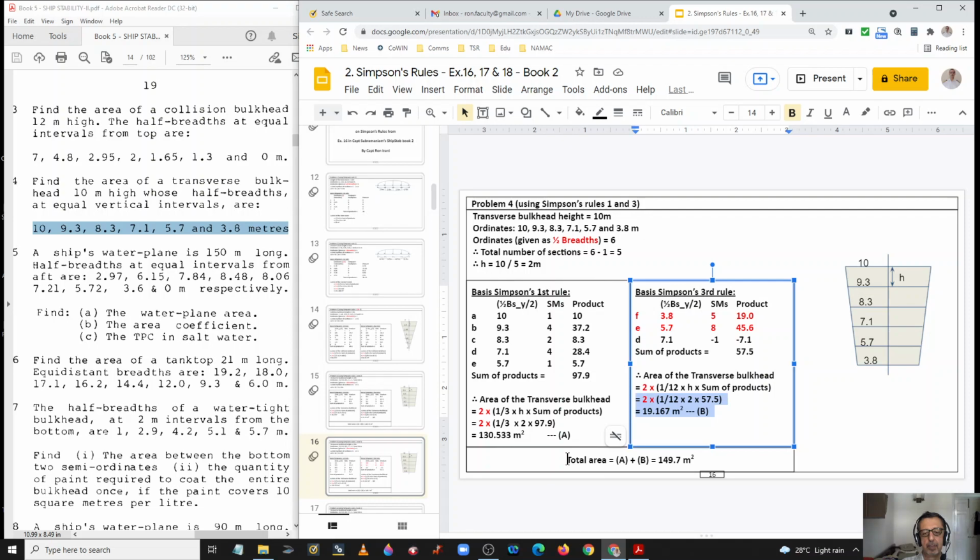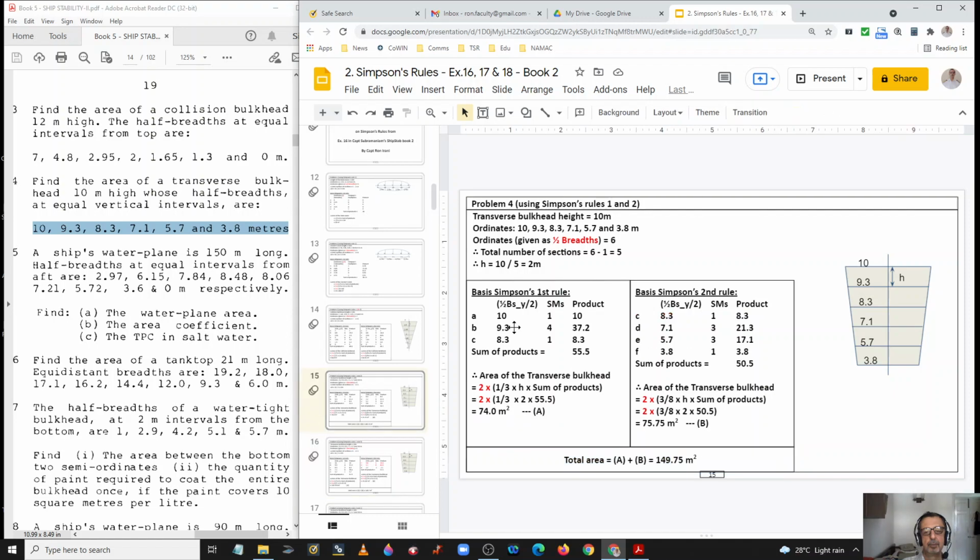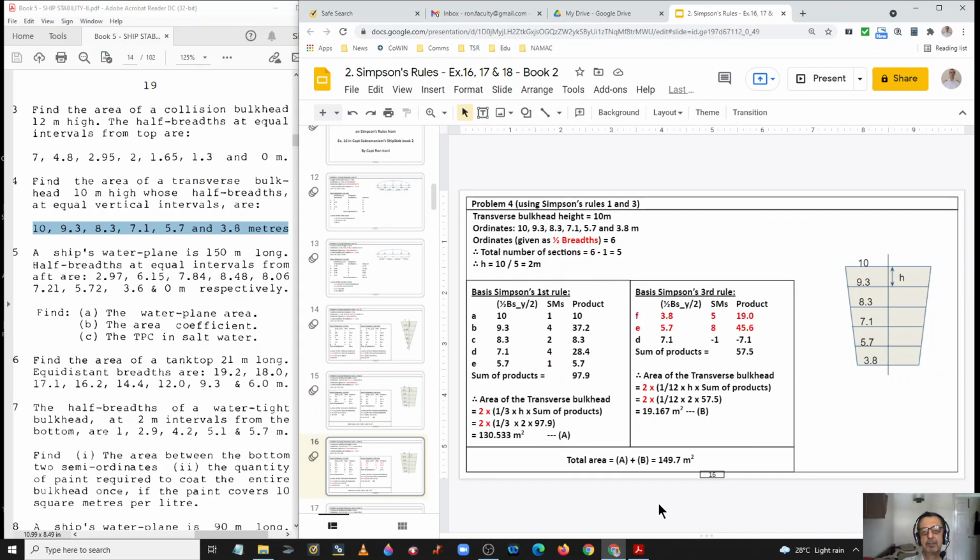We add the two areas to get our final answer to be 149.7 square meters. As you see, when we used Simpson's first rule and second rule, it was 149.75. And when we used Simpson's first rule and third rule, it was 149.7 square meters.